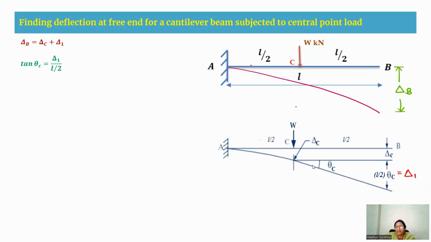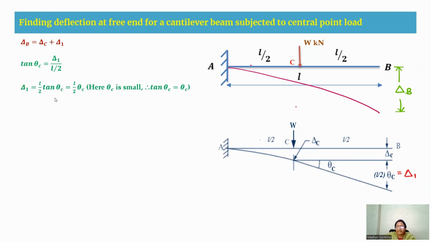Now tan theta c is the opposite side by the adjacent side, that is delta 1 by L by 2. So delta 1 will be equal to L by 2 into tan theta c. As the angle here is small, tan theta c is approximately equal to theta c.